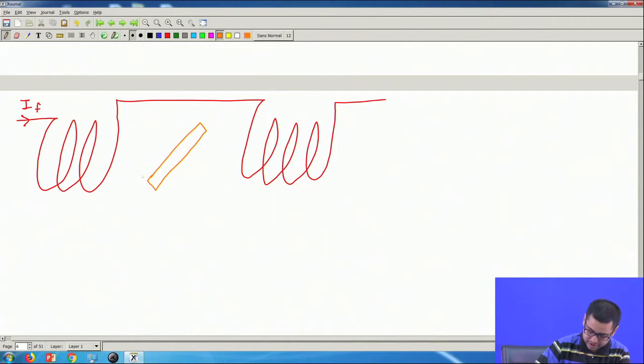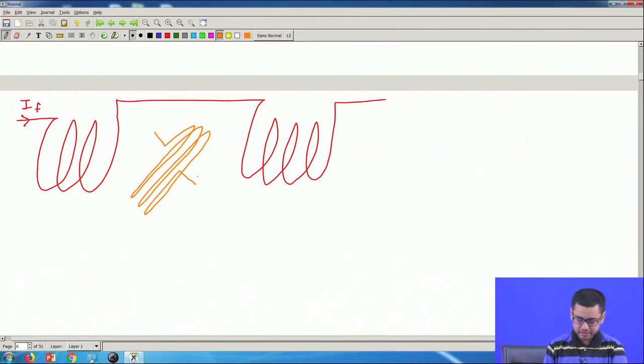Let me draw it like this. So, the turns of the moving coil are like this. Now, this coil can rotate.